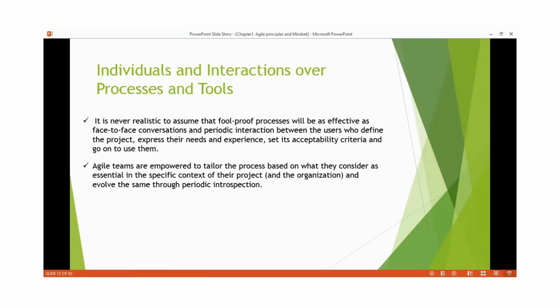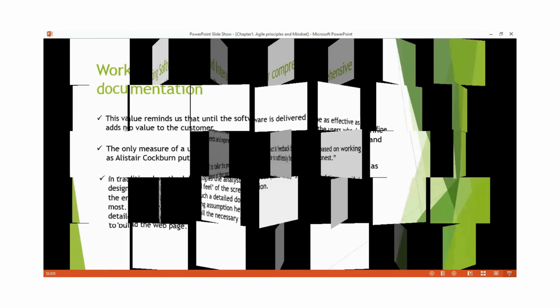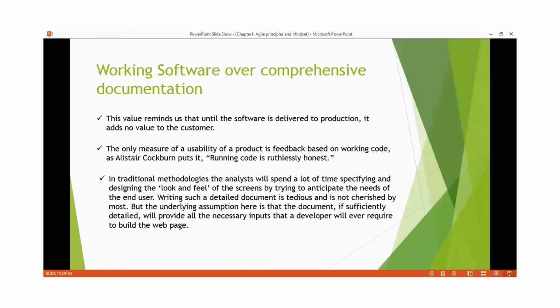So it assumes that we have a proof of concept, okay, face-to-face communication between the teams and collaboration between them. Now, working software over comprehensive documentation. Here you look at the value that you need to deliver, a measurement unit known as usability.